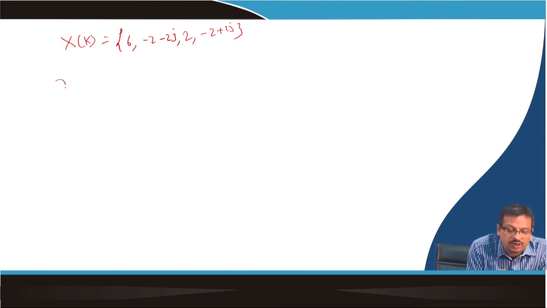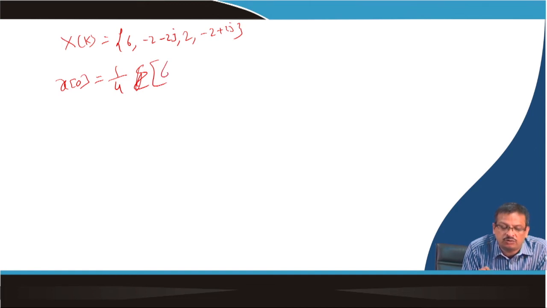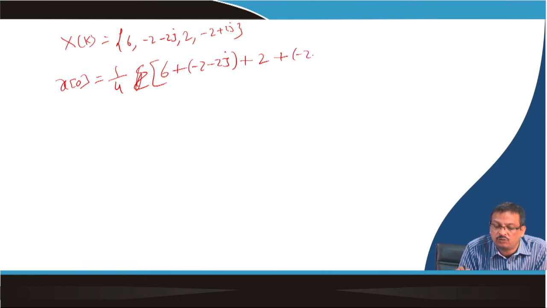So what is x of 0, the first sample? 1 by 4, the summation I have already written. X of 0 is 6, X of 1 is minus 2 minus 2j, X of 2 is 2, X of 3 is minus 2 plus 2j.